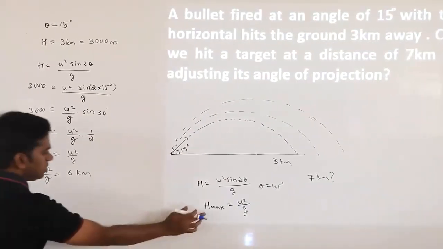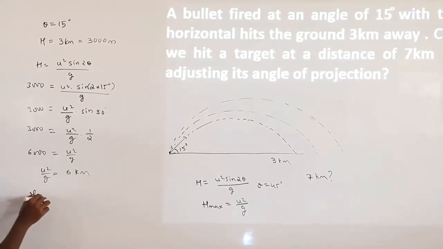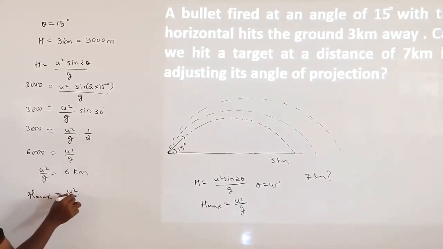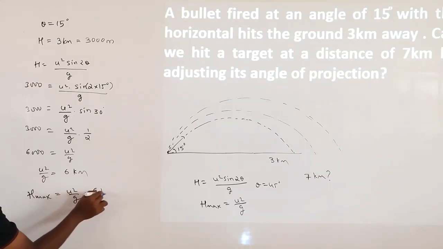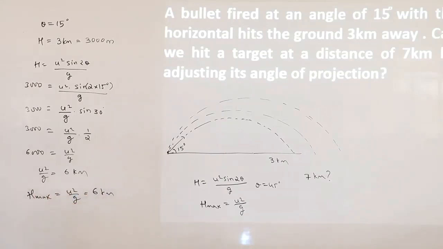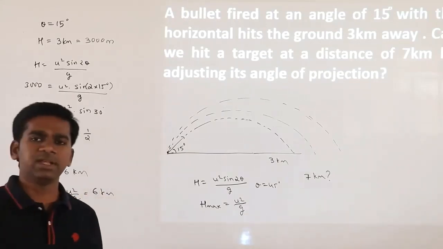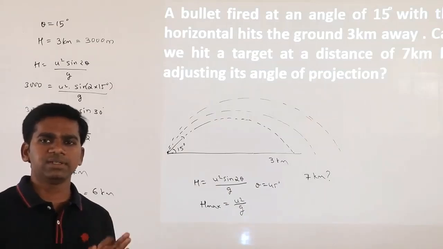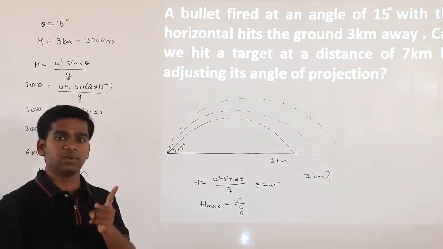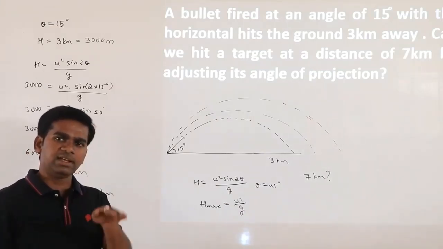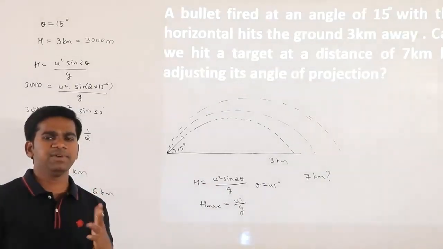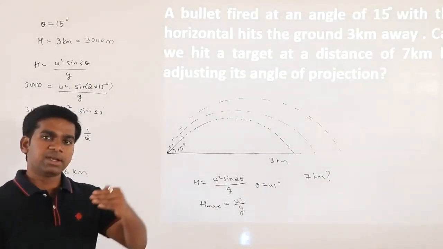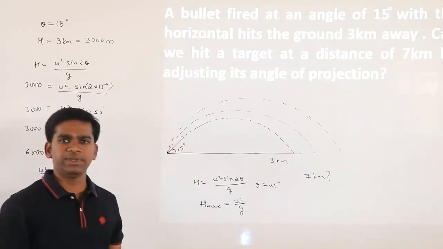So what is the maximum horizontal distance? Maximum horizontal distance is u square by g. u square by g is what? 6 kilometer. That means whatever may be the angle of projection, the maximum horizontal distance which you can travel is 6 kilometer. If you change the angle, again it will come 5 or 4.5 or 3 or 2, whatever. But it cannot go beyond 6 kilometers. Getting the point?